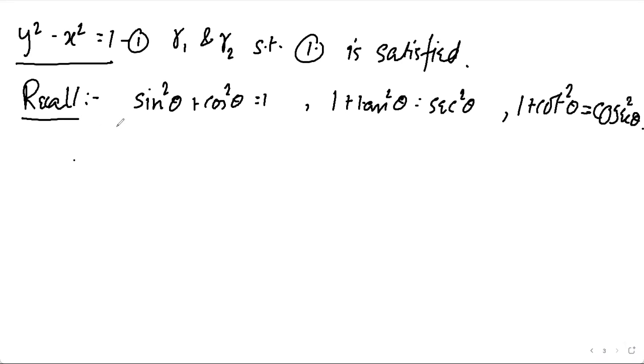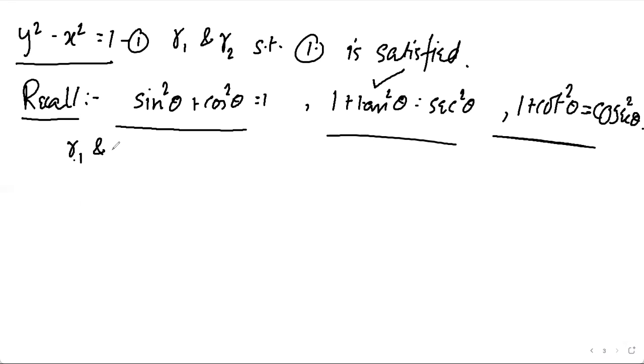Now these trigonometric identities prove to be quite useful for us when we are trying to find the parametric equations. So notice this is the equation or identity which we might be needing in order to find gamma 1 and gamma 2.